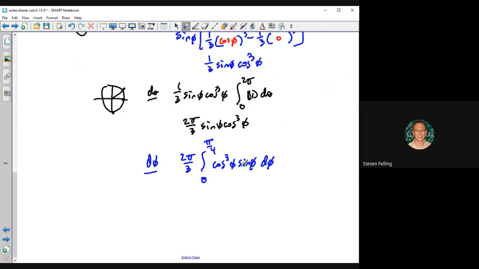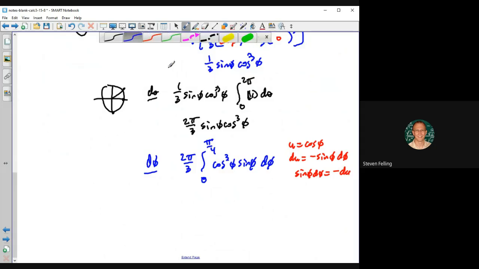And so here I think this is set up for a u substitution. So we could do a substitution. U is cosine phi because it's inside something cubed. Du would be the derivative of cosine, which is negative sine phi d phi. So therefore sine phi d phi is equal to negative du.